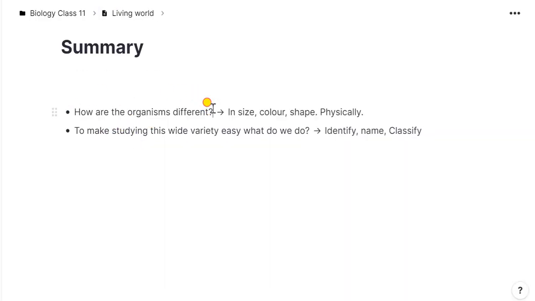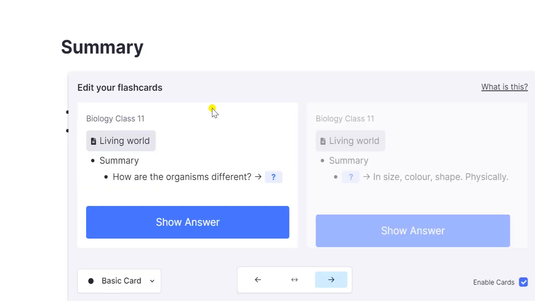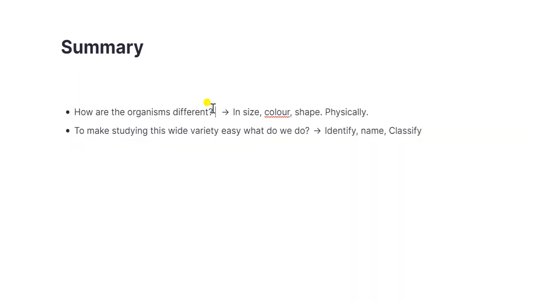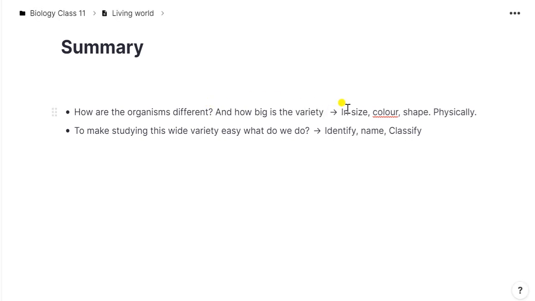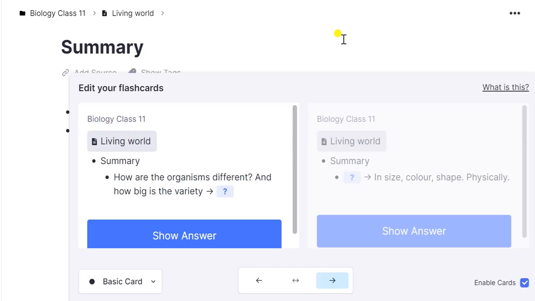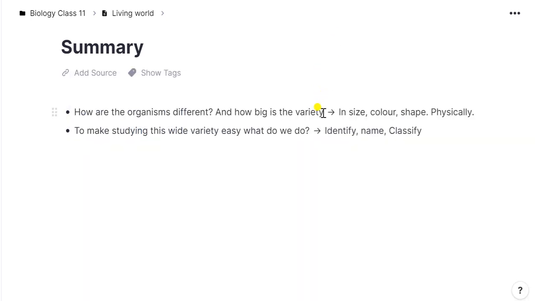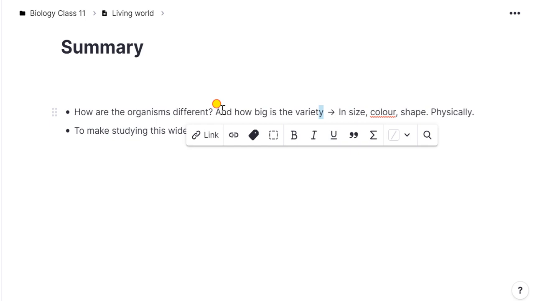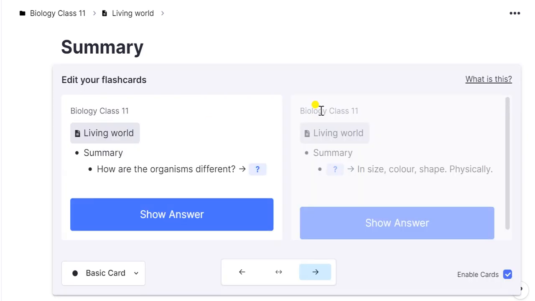So how are organisms different? And how big is the variety? From this only we can understand it's a huge variety, right?